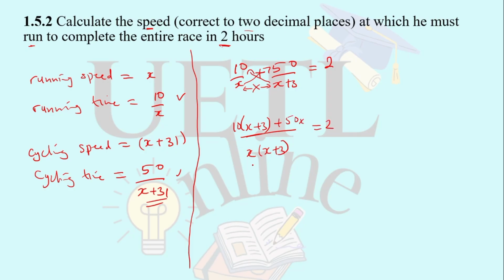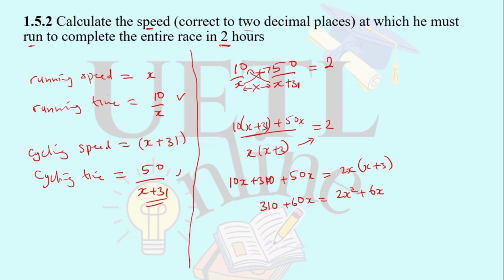After that, we get 10x plus 310, plus 50x. Then cross multiplying, we get 2x squared plus 62x. So we get 310 plus 60x equals 2x squared plus 62x.